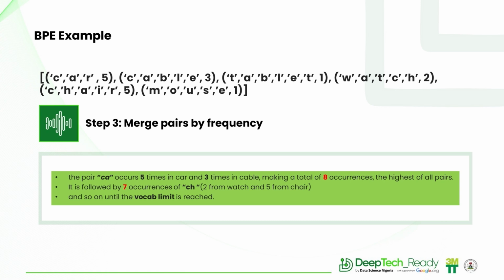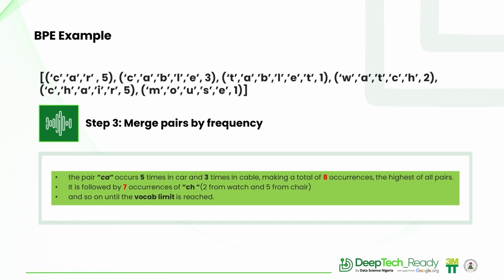Okay? For example, in this particular example, the pair CA occurs 5 times in car. It also occurs 3 times in cable. Okay, and that's making it a total of 8. Okay, and if you look carefully, this is the highest pair that we have in this particular vocabulary, isn't it?